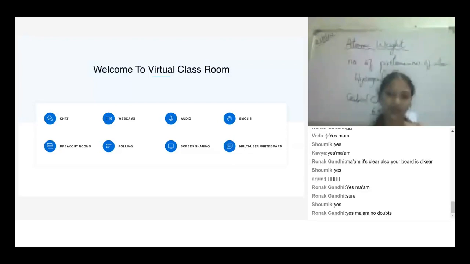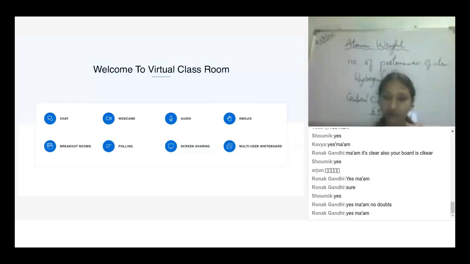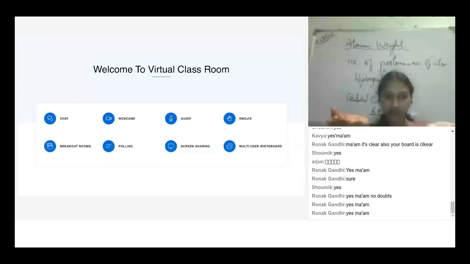Previously, even in the laboratory, we have seen the analytical balance with two pans.